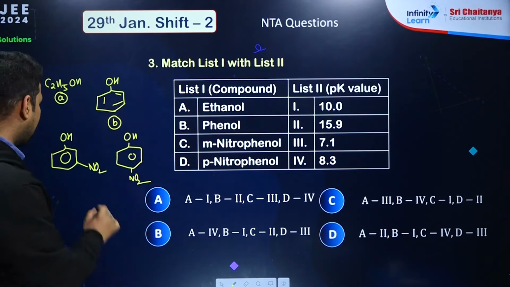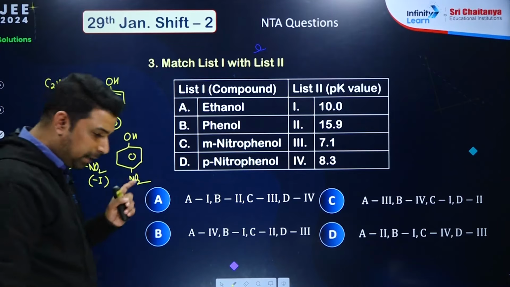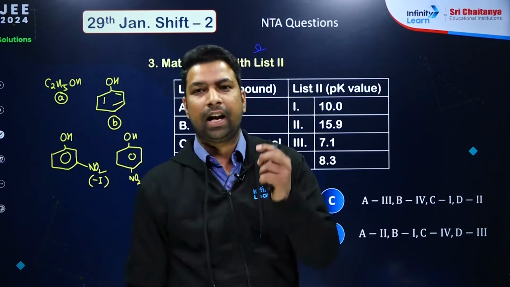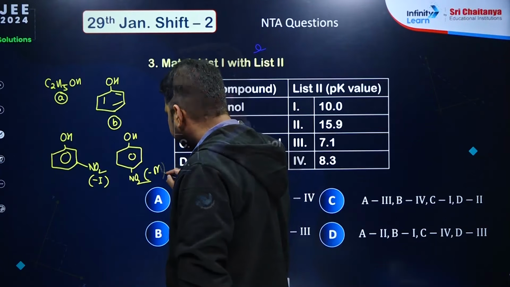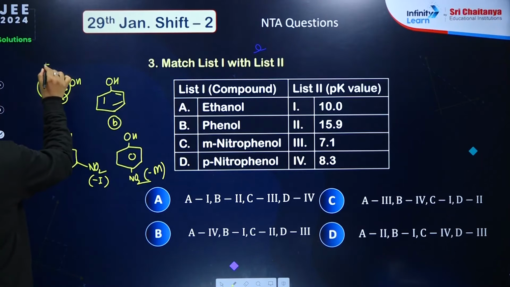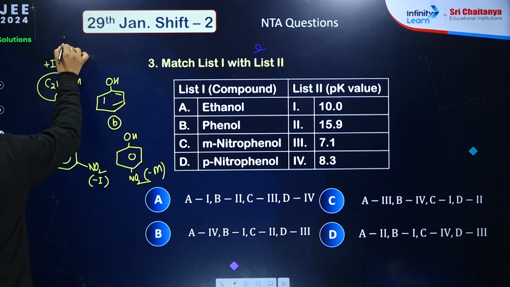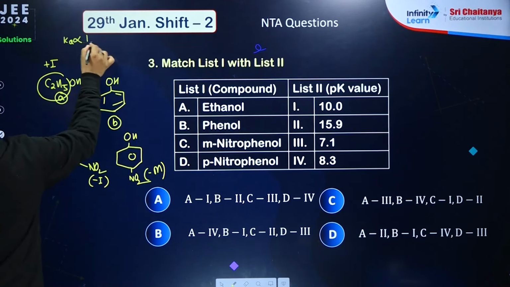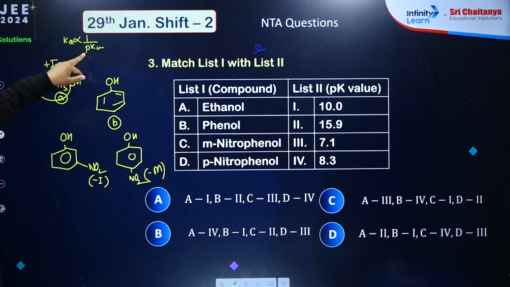Okay. So NO2 has a minus I effect. At the meta position only the minus I effect works, but at the para position minus M. There is no group in phenol, and C2H5 has a plus I effect. To check the acidic strength, since Ka is inversely proportional to pKa, the acid which is strongest has the lowest pKa value.